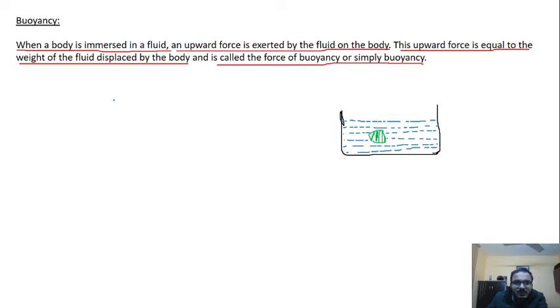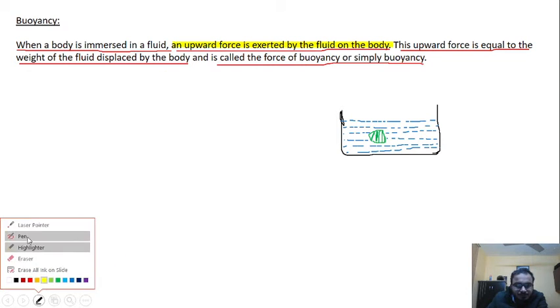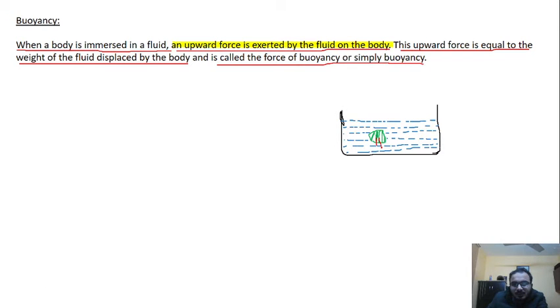So here we can see that the body is immersed in a fluid, so there will be an upward force exerted by the fluid on the body, and this force is equal to the weight of the fluid displaced by the body, and it is called the force of buoyancy. So here FB will be equal to W.